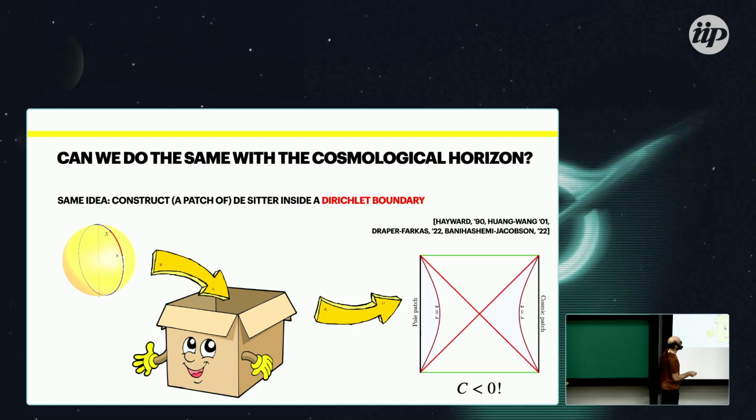This is the Lorentzian representation of that. And the result of that calculation, no matter how you choose to cut the static patch, is that the specific heat that you will get for de Sitter will still be negative. So maybe these boundaries are not that helpful in trying to understand the static patch.